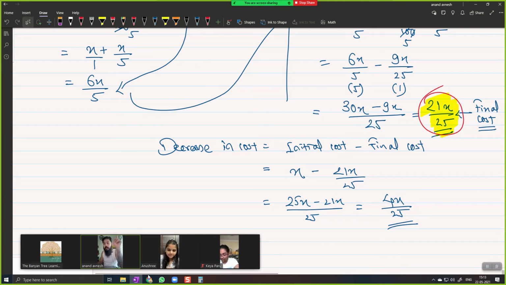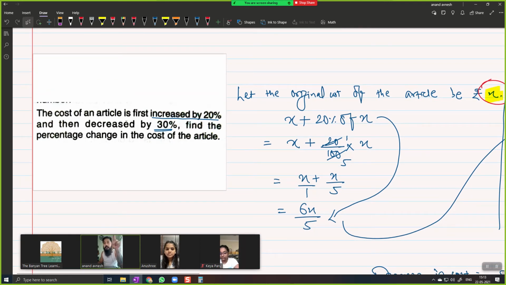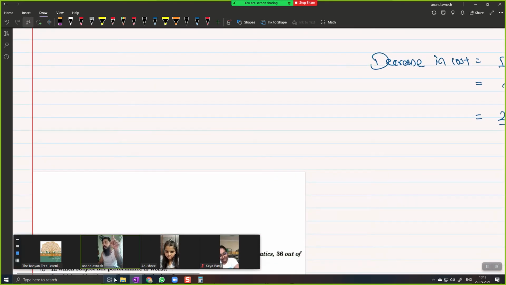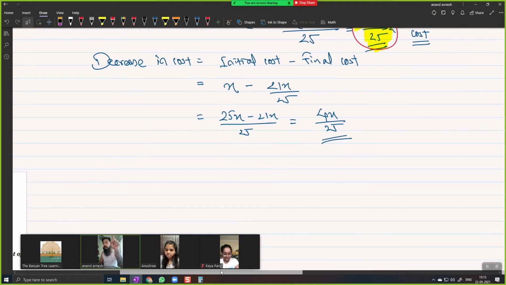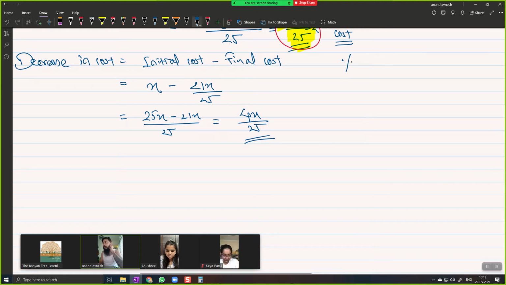They have asked to find the percentage change. That means we have to find the percentage decrease in the cost. What is the formula for percentage decrease? Decrease upon original value times 100.